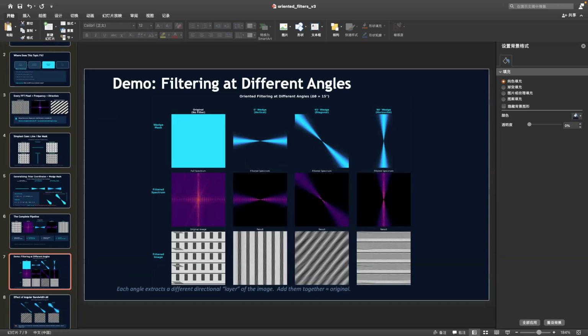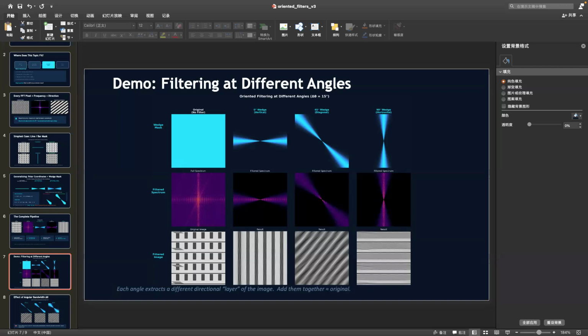Let me show you this in action. Here's a building image at the left bottom here. It has vertical window frames, horizontal floor lines, and some diagonal shadows. When applying a wedge at 0 degrees with delta theta of 15 degrees, the result keeps only the vertical structure.